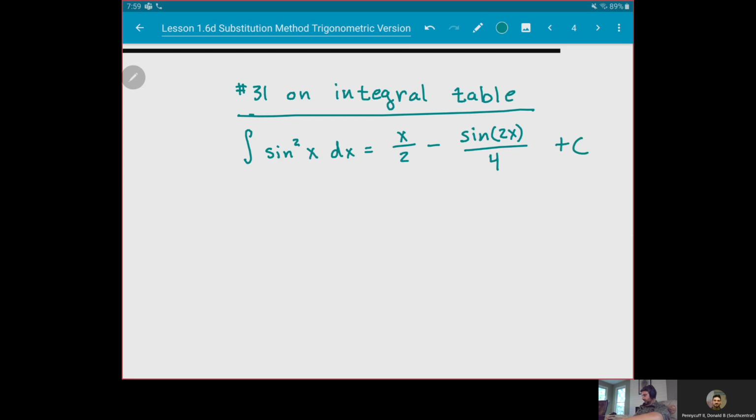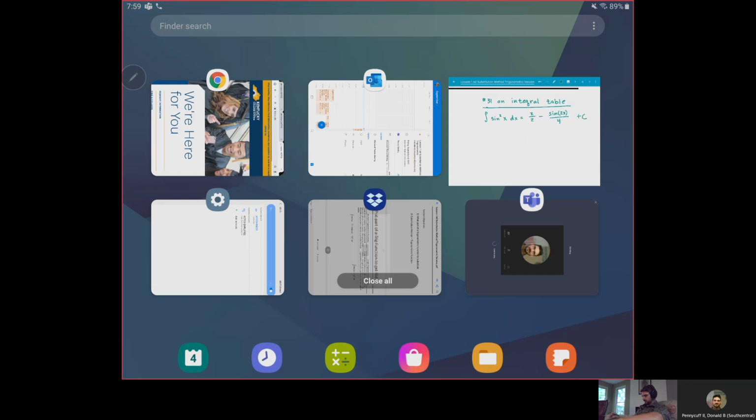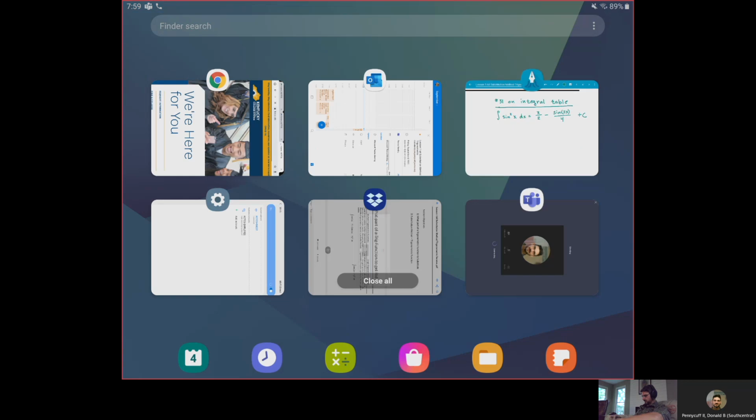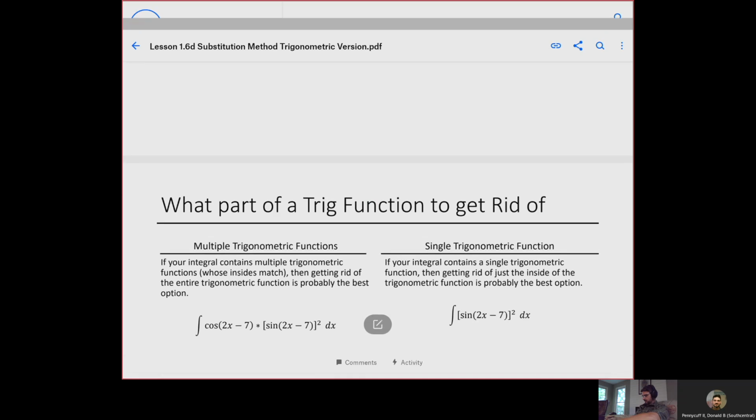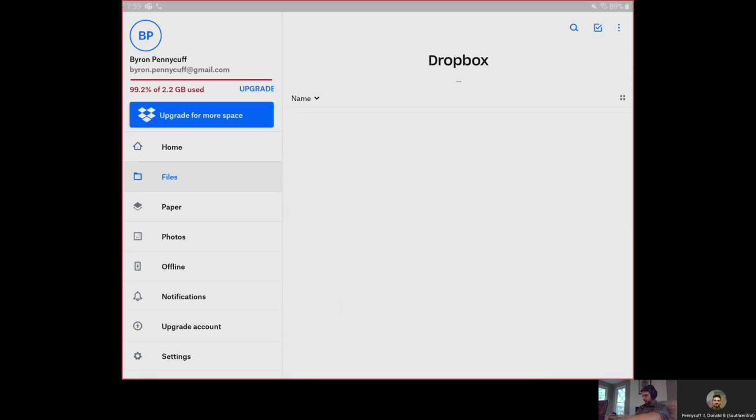Let me double check that that's a minus, so let's pull that up. Come on. And so I'm looking for my Dropbox account. We're not looking in that, we are looking here.